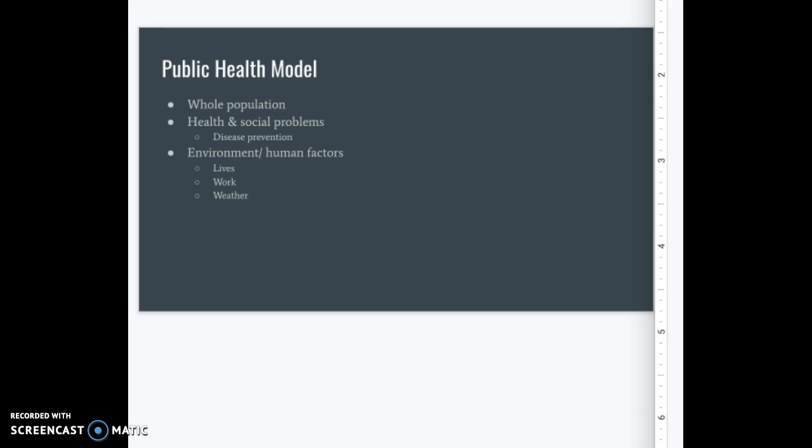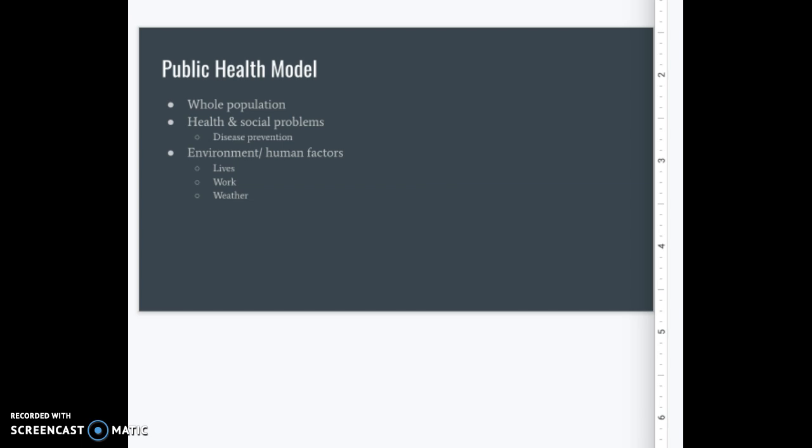And also we have to look at other things such as human factors. Sometimes people are not brought up in, I'll say, good standings, like their parents might have been poor, maybe they had a lot of kids that they couldn't handle, they couldn't provide for all of these kids.